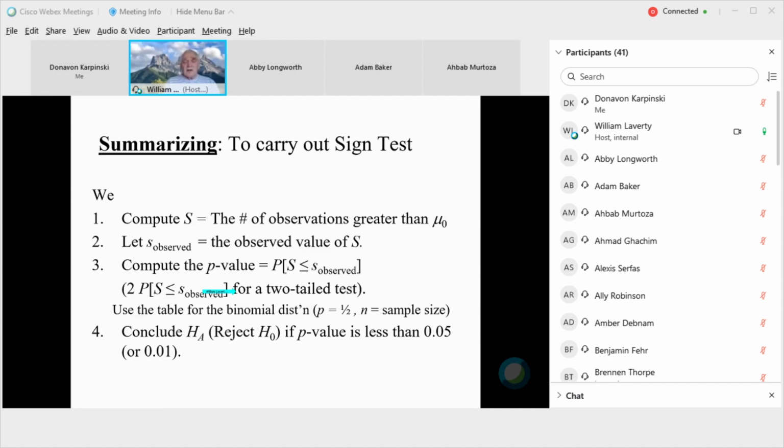Then you could do that using the binomial distribution. You can compute it for large values of n using the normal approximation to the binomial distribution. Then if the p-value is small, less than 0.05 or 0.01, you reject H naught. That's the Sign test.